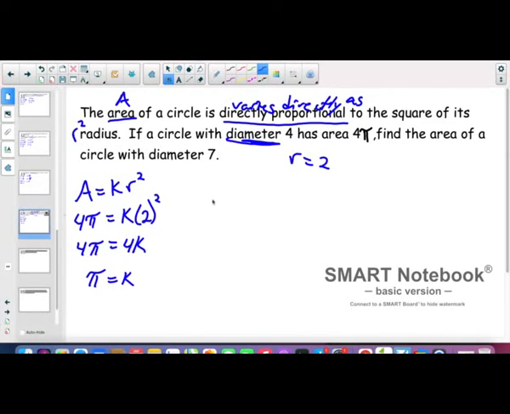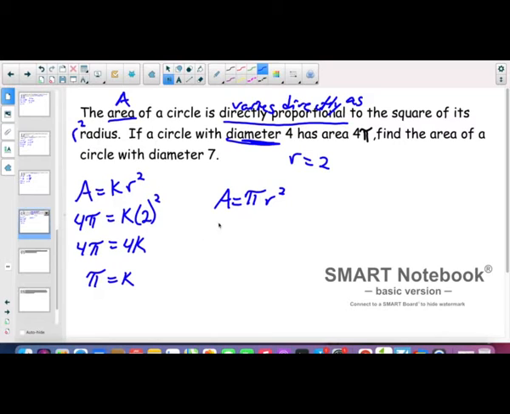So if I plug k back in, my area is equal to pi r squared. So all they're doing here is they're using direct proportions or direct variation to define the formula for the area of a circle. Then it says find the area of a circle with diameter 7.